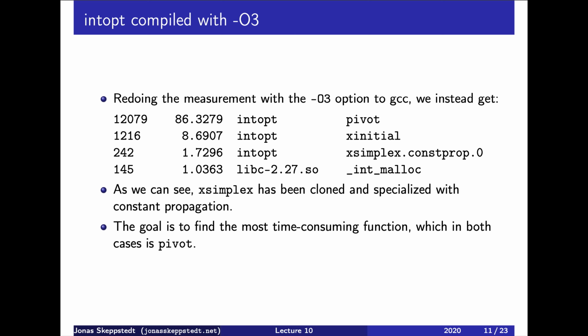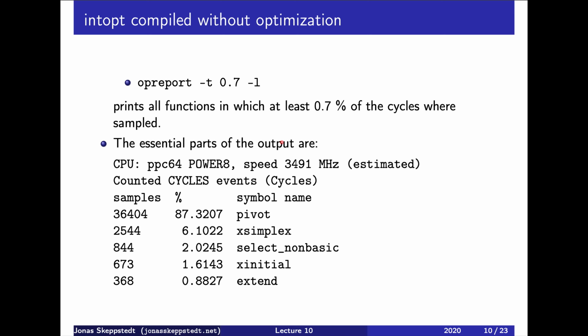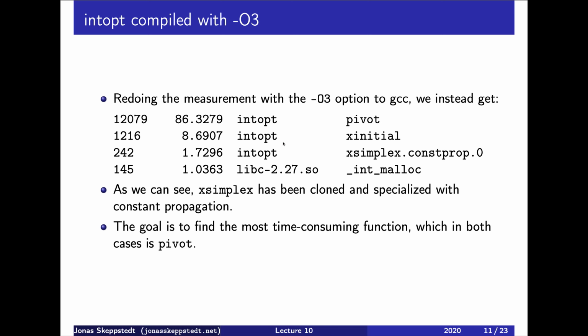So if this was without optimization, and with optimization, it's still the same, that this one is the most time consuming, and that's because almost all of the floating point operations are performed there.